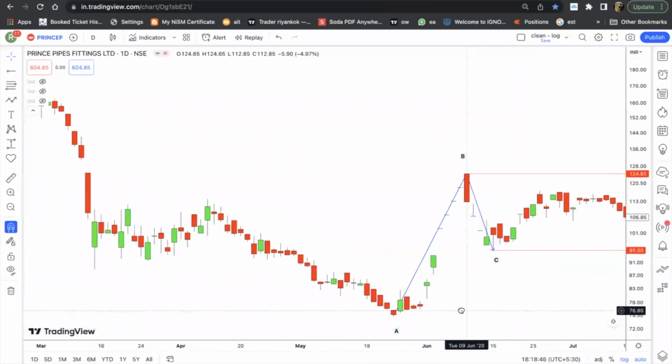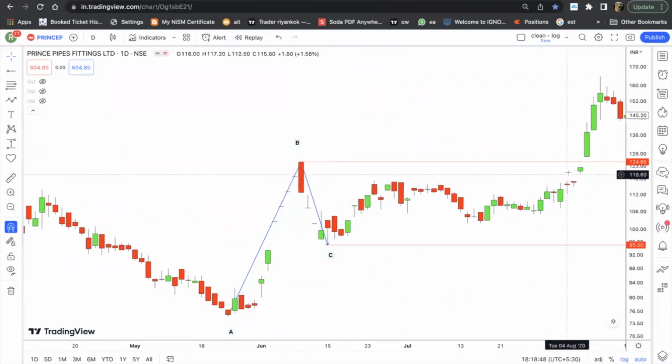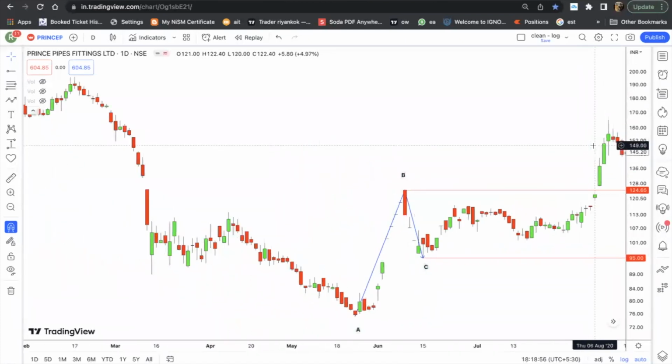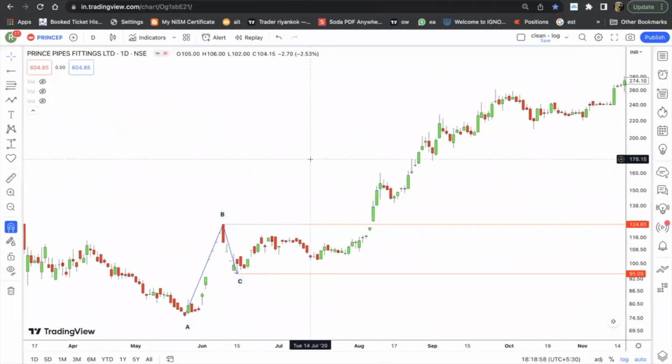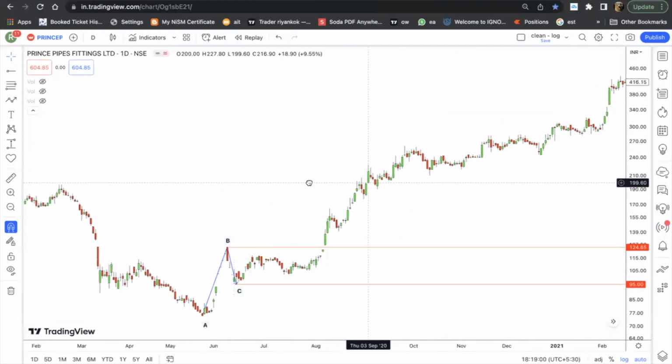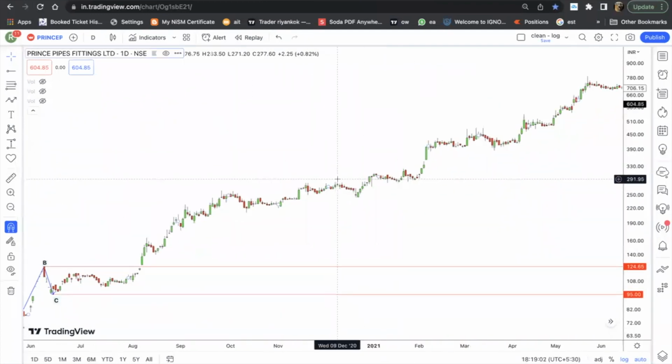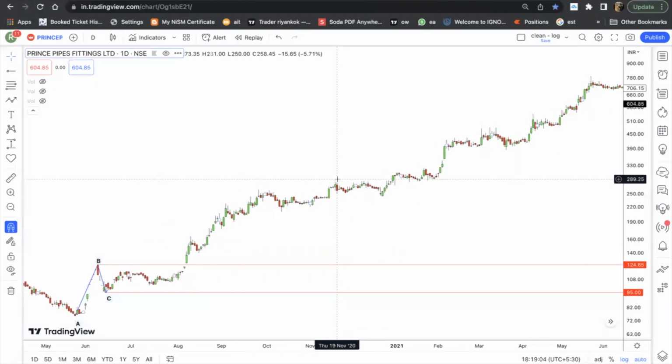Okay, so back around levels of 130, 135 something, the breakout pattern was validated. Targets of 2x and 3x, if you consider, were already achieved, and the stock even managed to go till the levels of 700 or 800 odd from that first ABC breakout pattern.